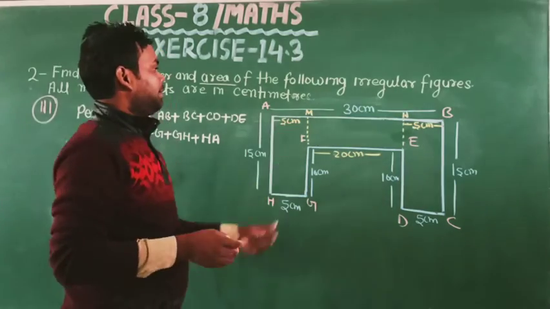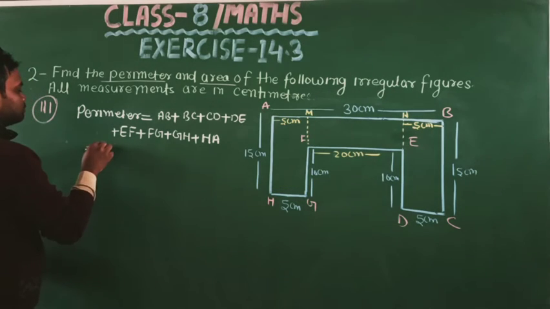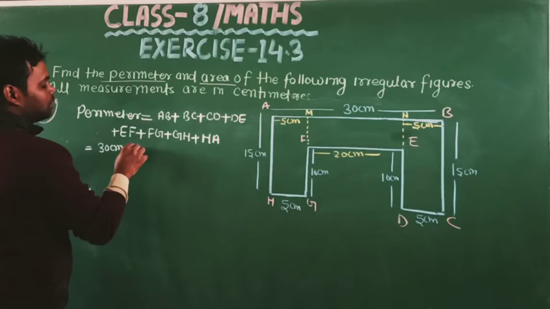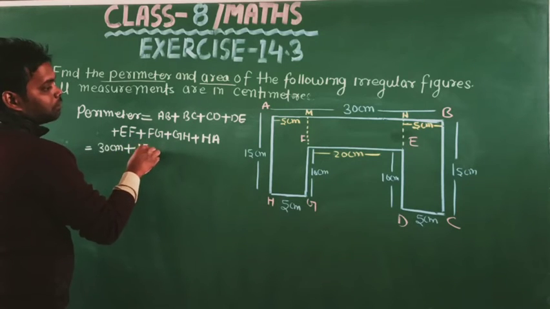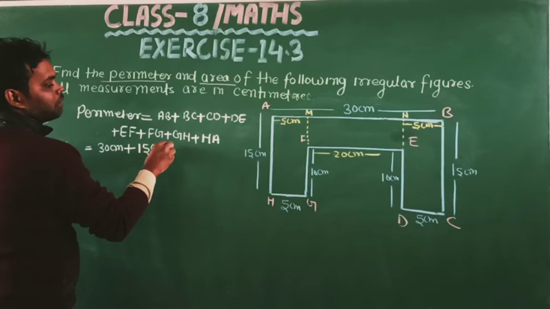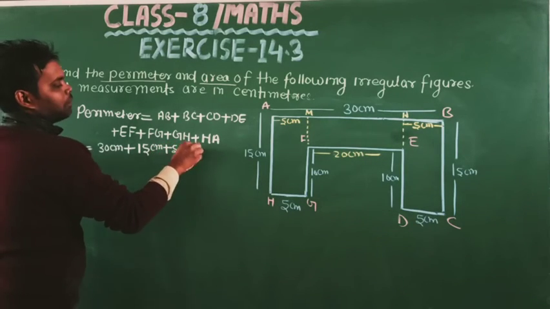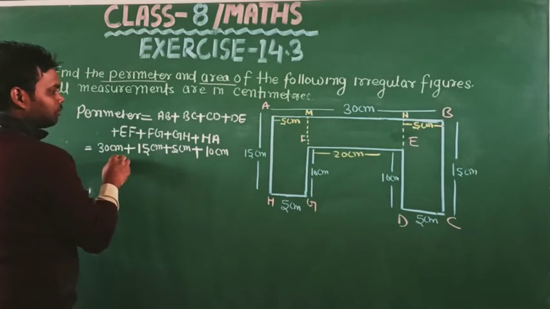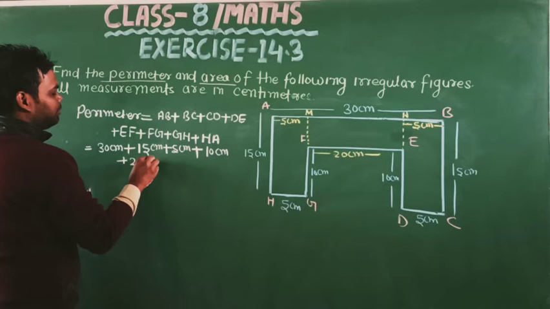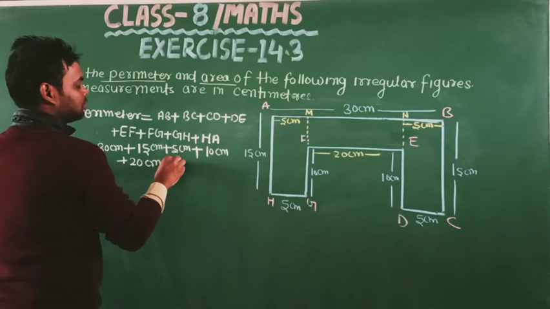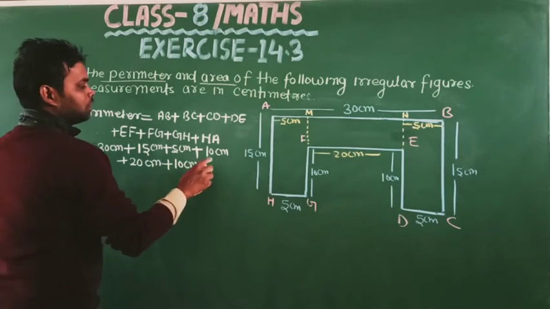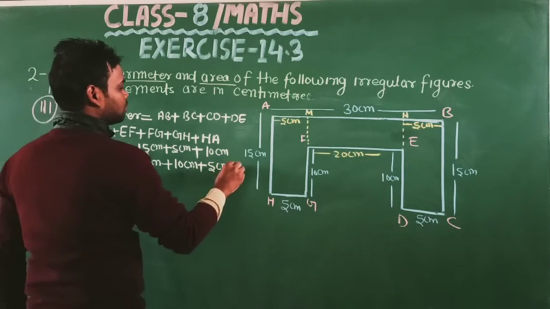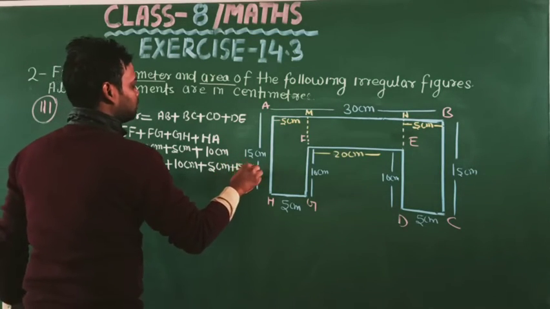Okay, AB is 30 centimeter plus this is 15 centimeter, 5 centimeter plus DE is 10 centimeter plus 20 centimeter plus 10 centimeter plus 5 centimeter plus 15 centimeter.